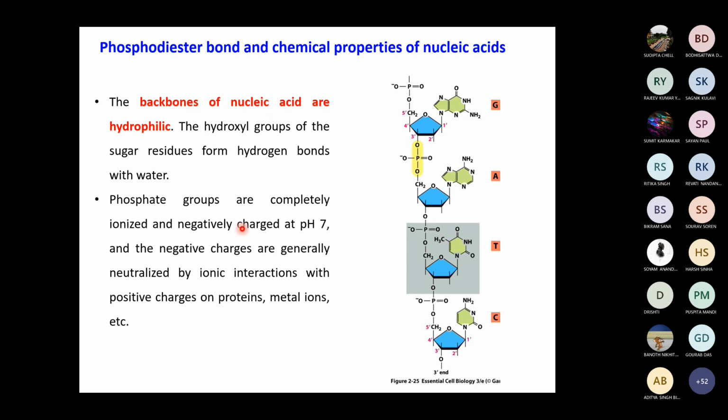And these phosphate groups are completely ionized and negatively charged at a pH of 7. The negative charges are generally neutralized by ionic interactions with positive charges on proteins, metal ions, etc. So negatively charged nucleic acids interact with positively charged proteins or metal ions in the cellular environment, and that is why we get stable structures.